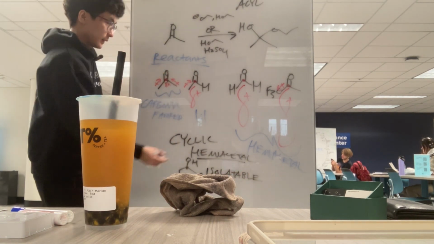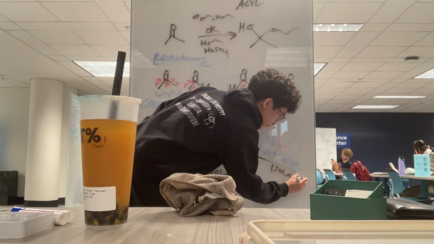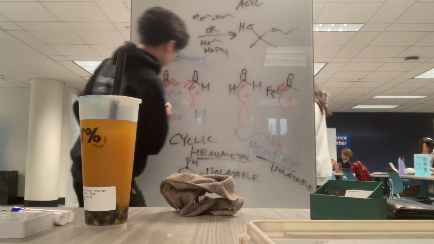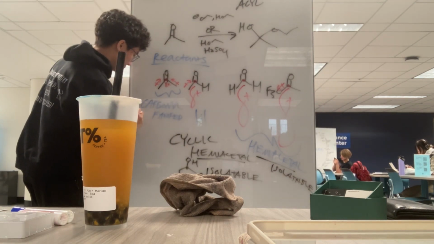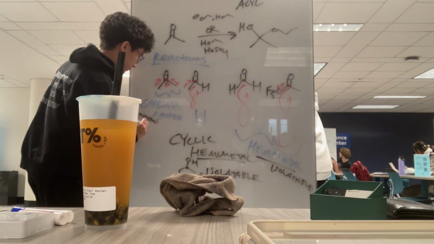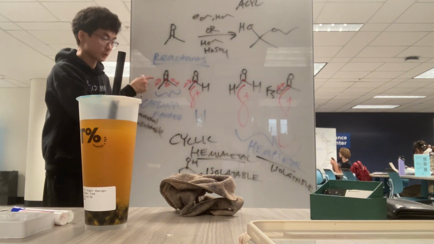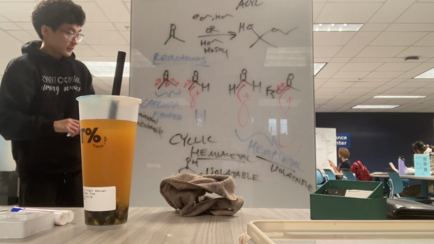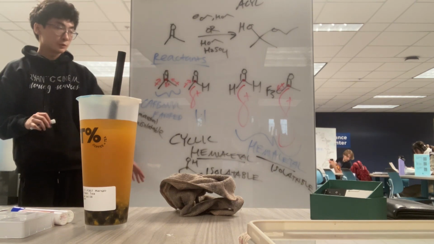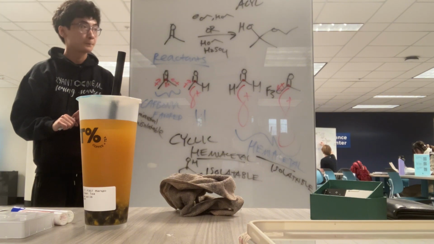When the hemiacetal is favored, that's also isolatable. This one right here, the hemiacetal, would be unisolatable. We cannot isolate that in lab because the carbonyl form is favored, right? So those are the conceptual questions on when hemiacetals are isolatable versus when they are not isolatable.